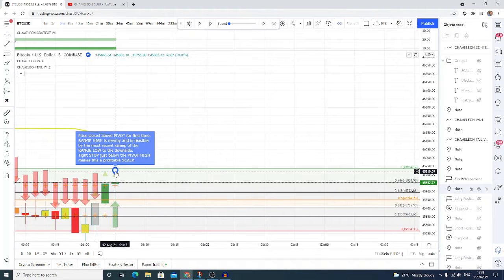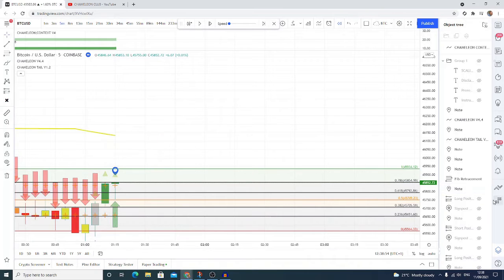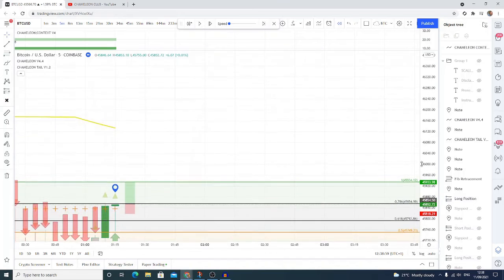Price closed above the pivot range for the first time. Range high is nearby and is feasible by the most recent sweep of the range low 4 candles earlier to the downside.